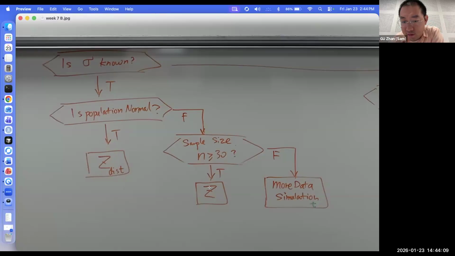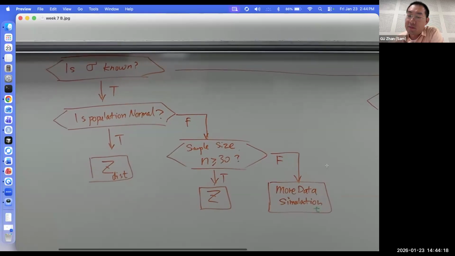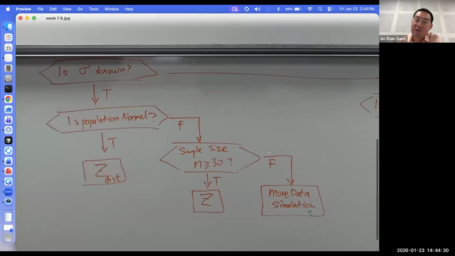If the sample size is greater than 30, Z distribution. If not greater than 30, then you will require more data. But in very rare cases, you are forced to calculate, even if it's in this bucket, then you use T distribution. But this is a rare case. That's a fallback plan.